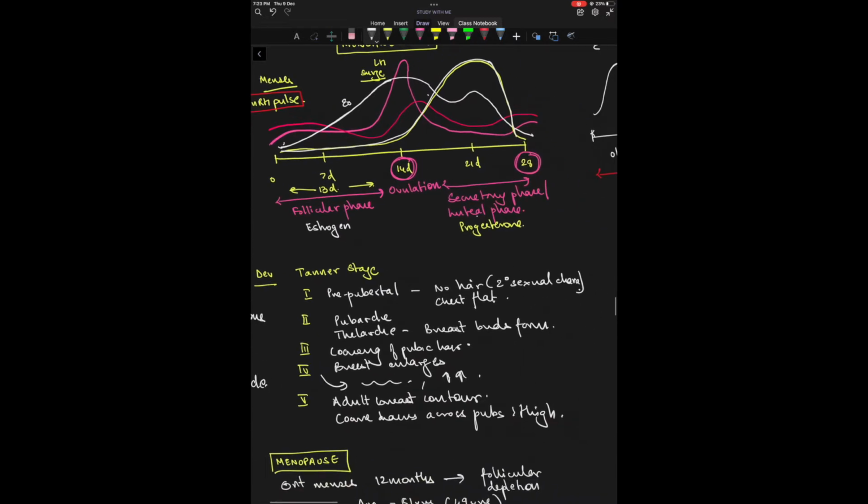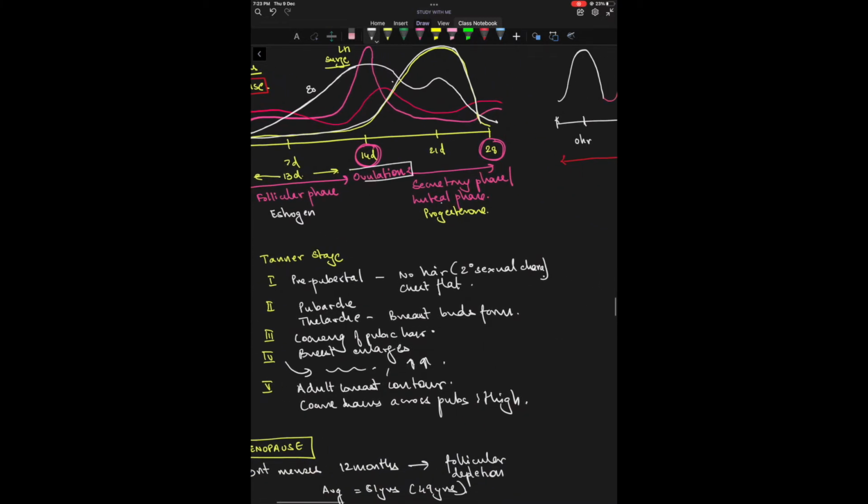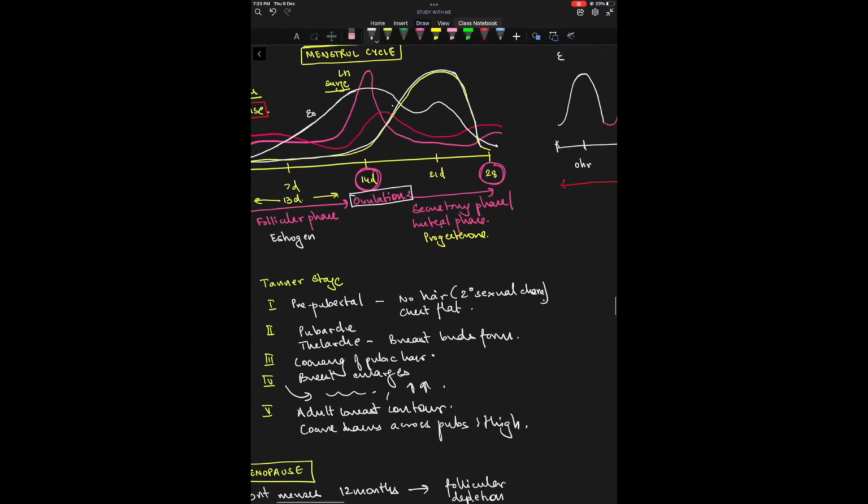Then, coming to ovulation, which takes place on day 14. Actually, not day 14, the correct term would be n minus 14 days, where n is the cycle length. So, in a typical cycle of 28 days, ovulation takes place at day 14.